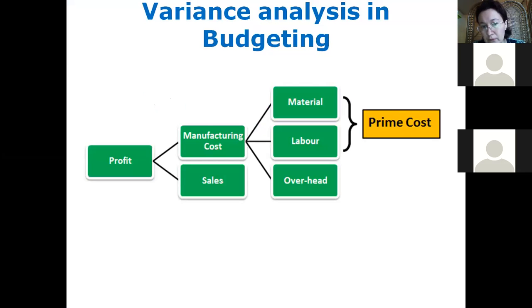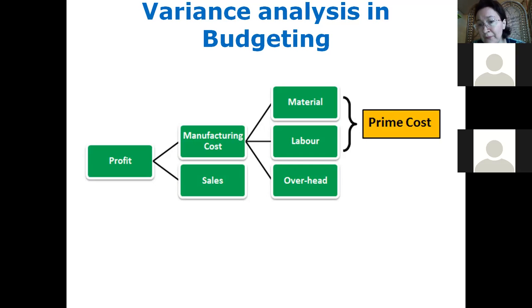So on my chart you can see the base for our discussion. Our profit depends on manufacturing costs and sales, and our manufacturing costs consist of material, labor, and overhead costs.